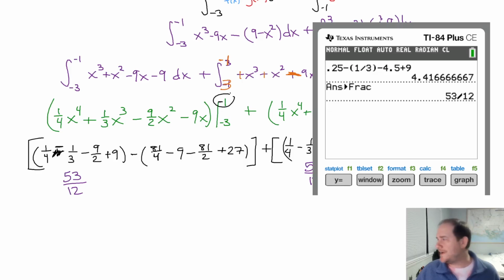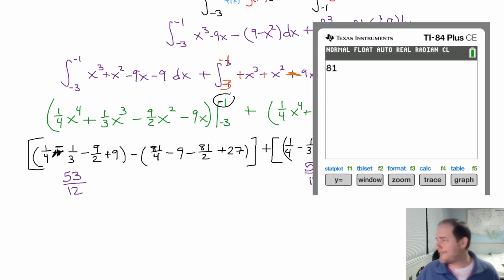We're going to go 81/4 minus 9 minus 81/2, which is 40.5, plus 27. Hopefully that worked out fine, but I'm a little paranoid because I didn't put parentheses around this.